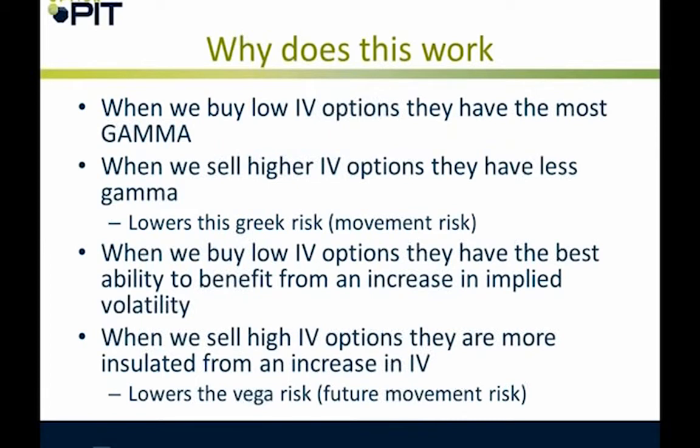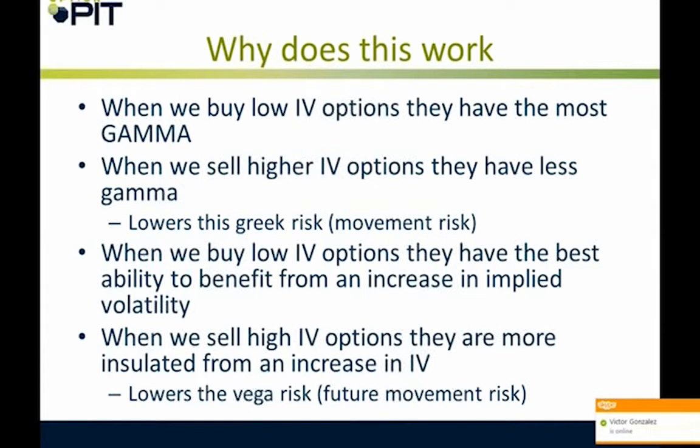So when you buy low implied volatility options, they have the most gamma. That means when you buy a low volatility, you're getting the most kinetic energy for the buck. You're also buying cheap potential energy. And when you sell a higher IV, it will actually have less price sensitivity. All right, and that'll lower your Greeks. It'll adjust down your perceived risk.